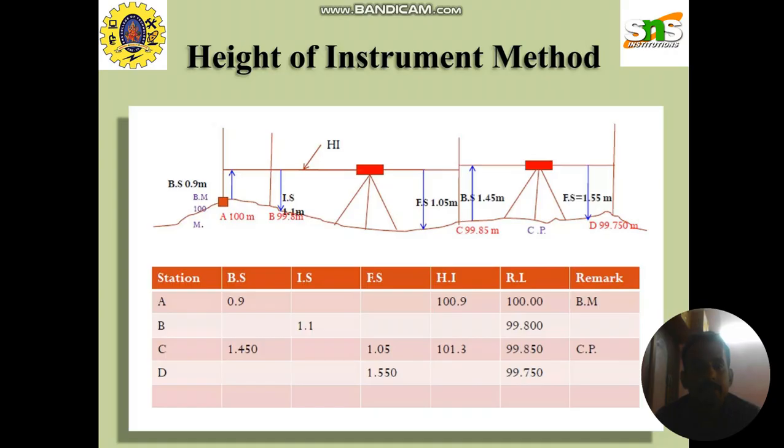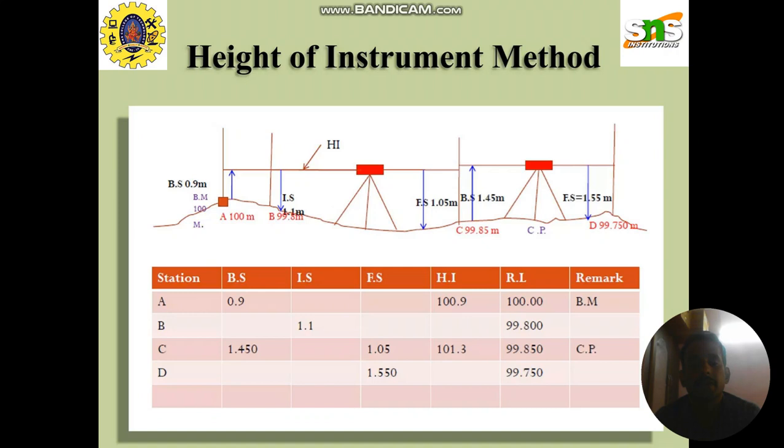The second reading is 1.11 meters, marked in intersight reading, and the instrument is to be shifted after the third reading. So the third reading is marked in foresight, that is the last reading before shifting the position of the instrument.